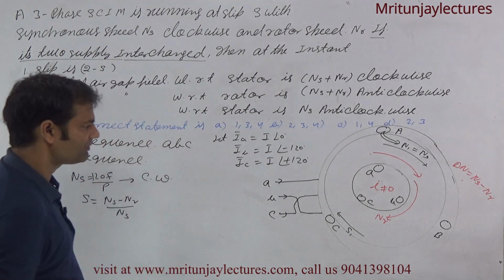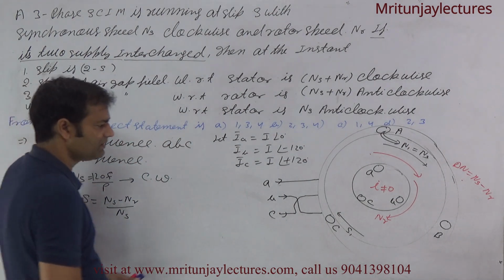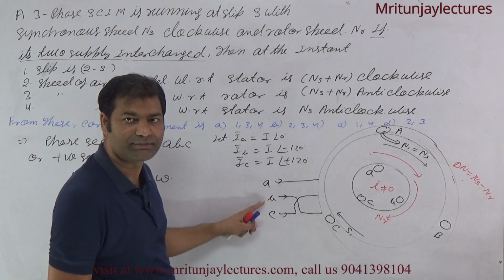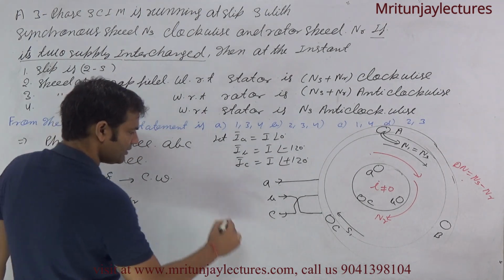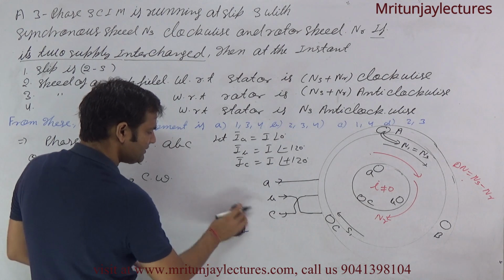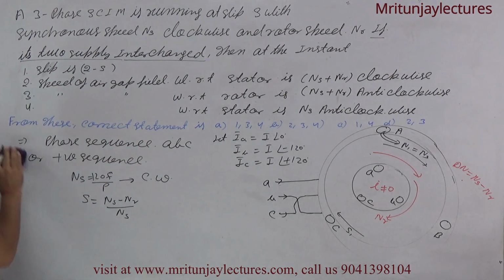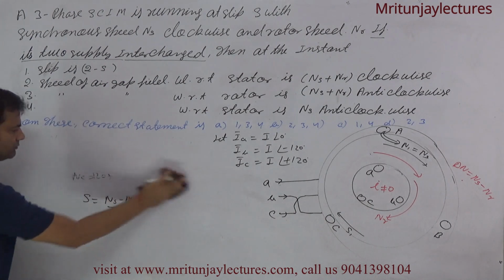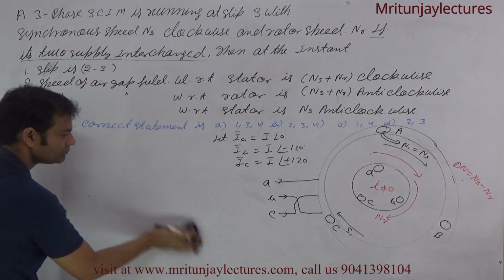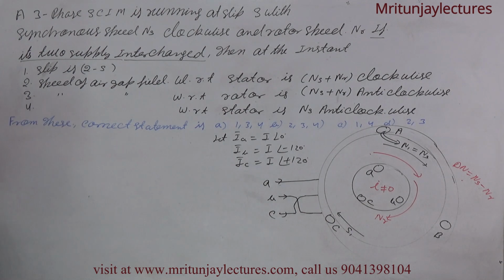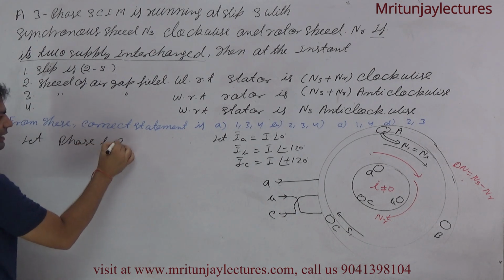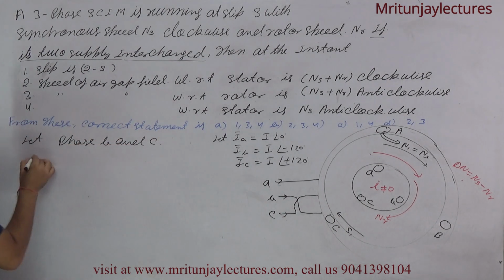This type of sequence corresponds to ACB, A, C after B. First of all make it, after that we have discussed. Let phases B and C be interchanged.